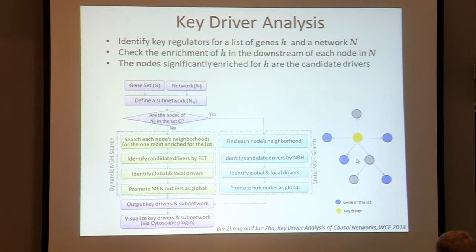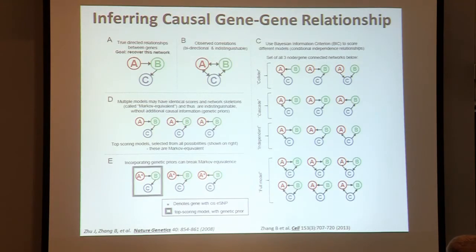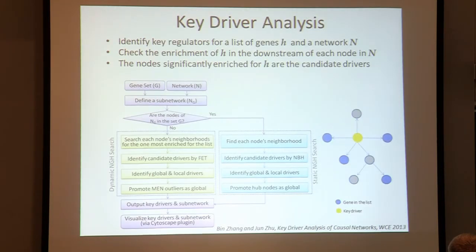Define the network, as I explained before. You can use John's Bayesian network, or Elias's causal network, or Eric Schadt's causal network. It is open to any network, and you can even use the protein interaction network. We don't restrict the network here.